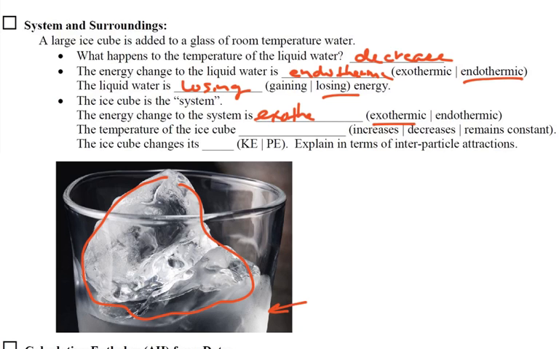It's got to be endothermic, because where is the water losing energy? It's losing energy to the ice. So the ice, H2O, that's a solid, is going to pick up some energy and turn into H2O, that's a liquid. So the energy change of the system is that it is endothermic.